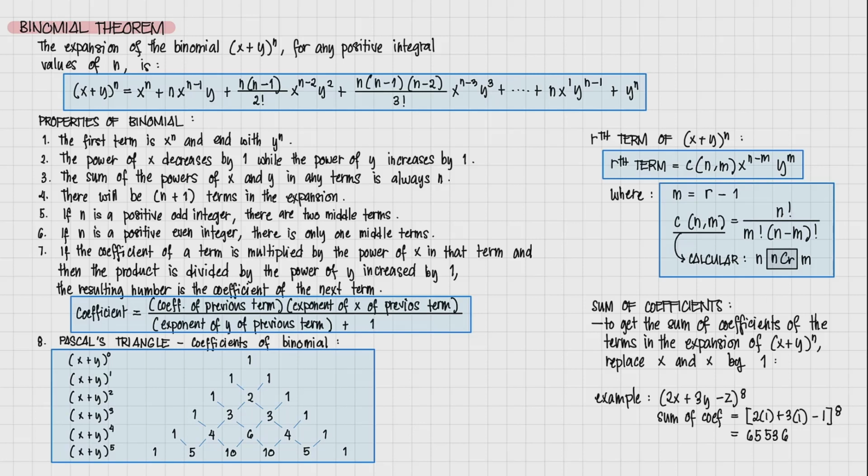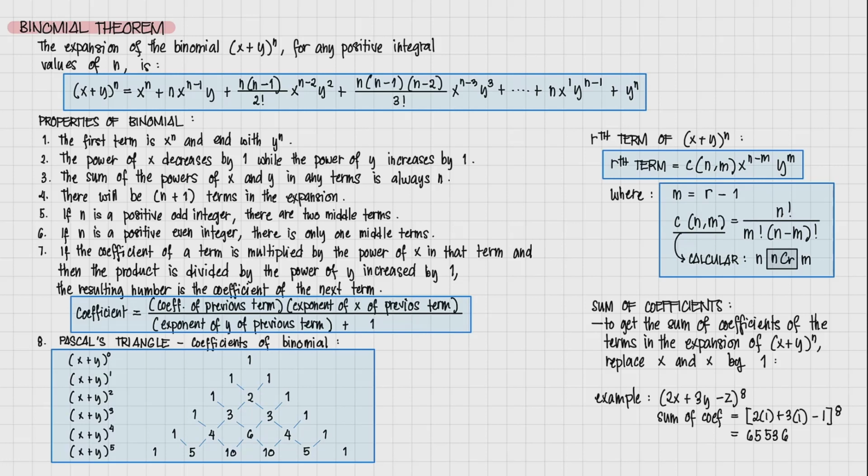And then for the power of y, it increases by 1. So you started with y raised to 1, then y raised to 2, y raised to 3, until you reach y raised to n minus 1. And then you have your last term as y raised to n.